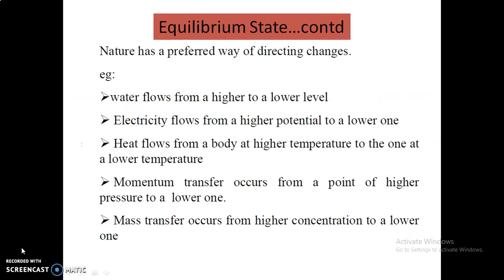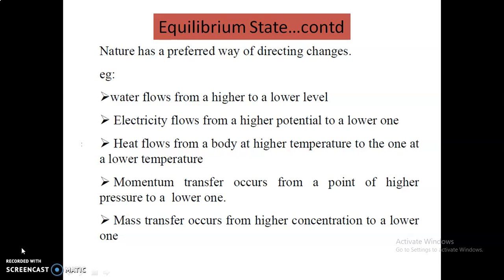Now, equilibrium state: nature has a preferred way of directing changes. For example, water flows from higher to lower level. Electricity flows from higher potential to lower one.